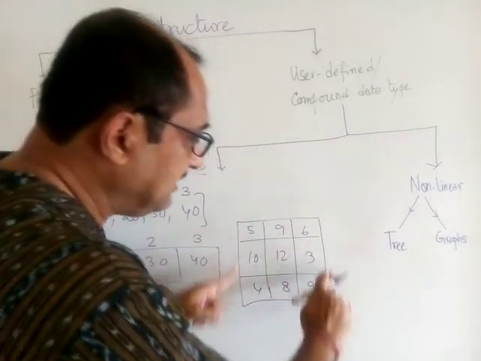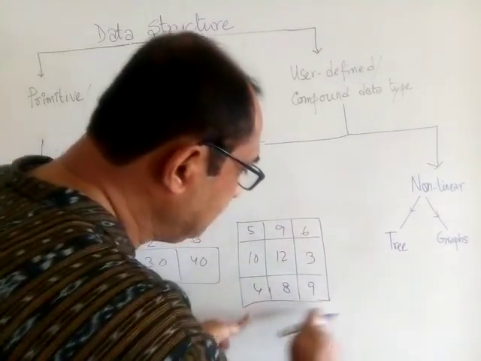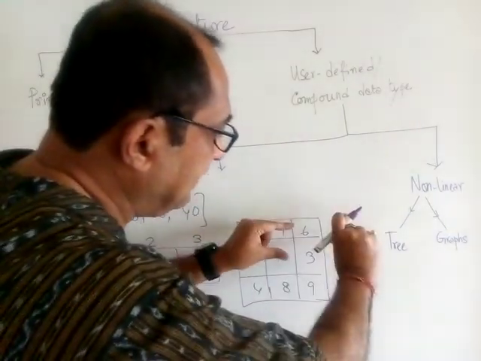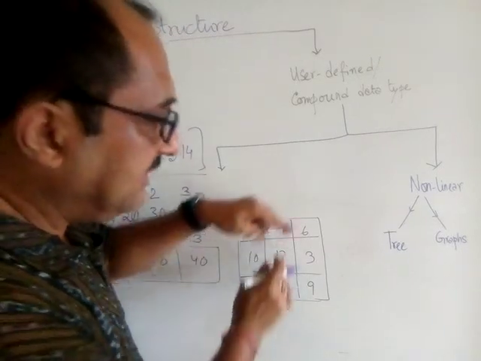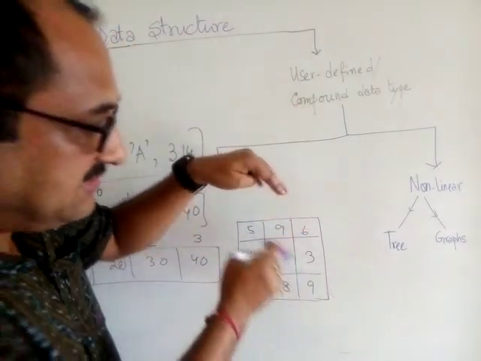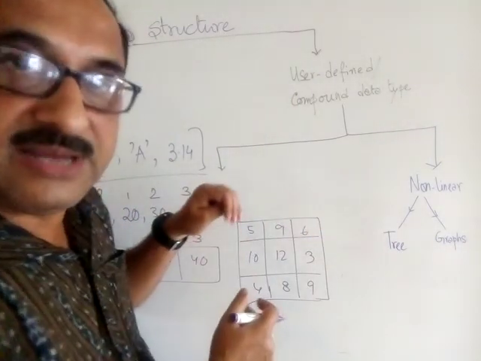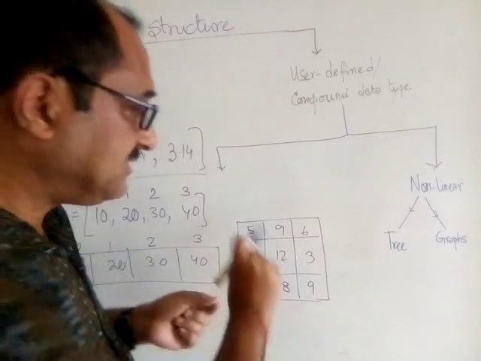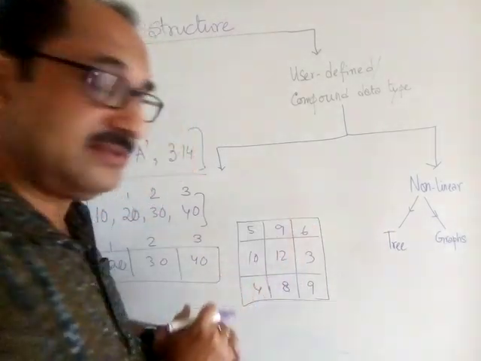So if we have a group of items stored in a memory location where we can think of a length and a breadth, then this group of cells which I have taken out from RAM to store these numbers can be called a double dimension array, because it has 2 dimensions, length and breadth.